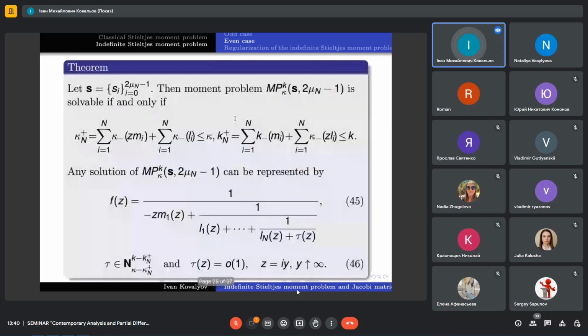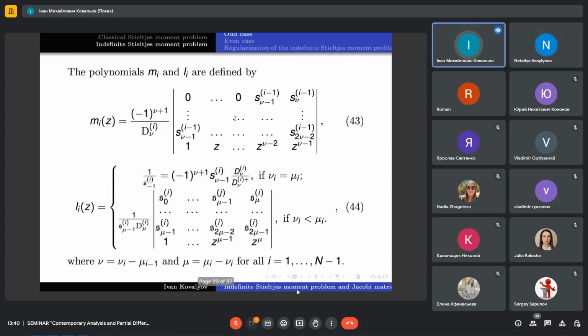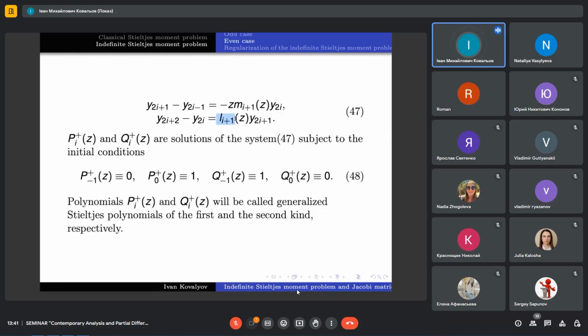For arbitrary M and L? No, it is not arbitrary. We have representation 45. In this representation, we get M and L. M and L can be found by formulas 43 and 44, and these items generate system 47.